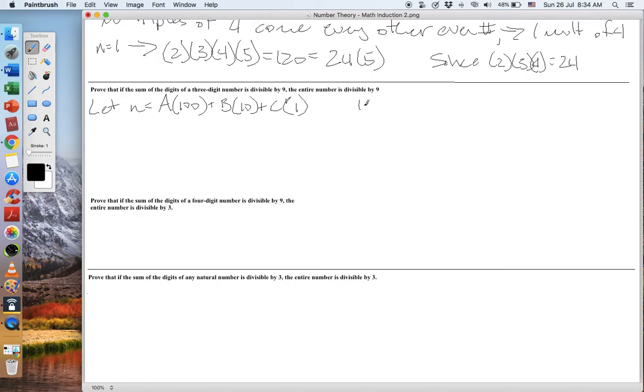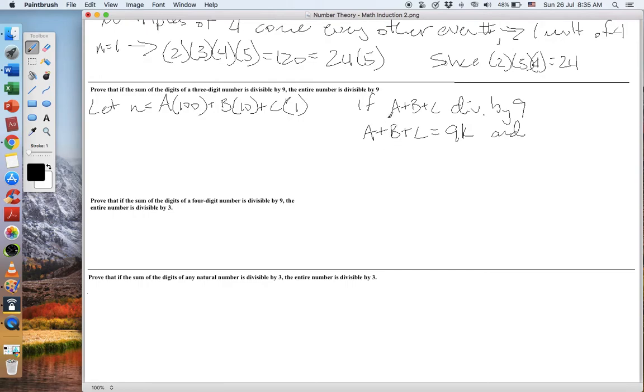And so if a plus b plus c is divisible by 9, then a plus b plus c is a multiple of 9, or 9 times some constant k.